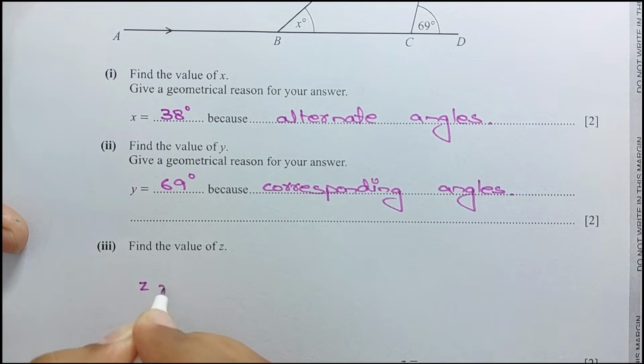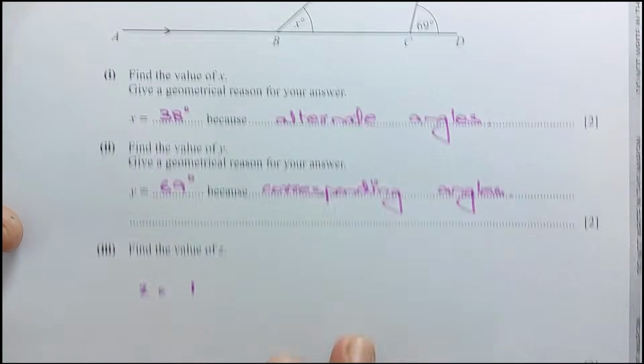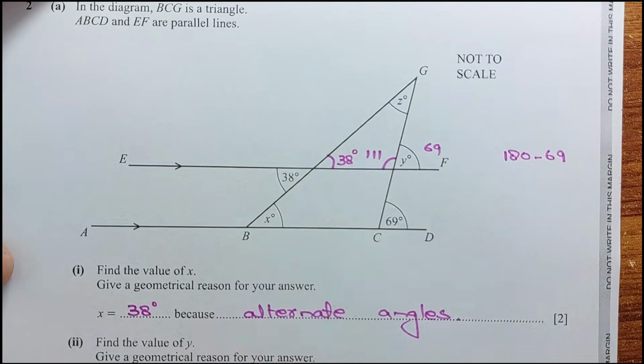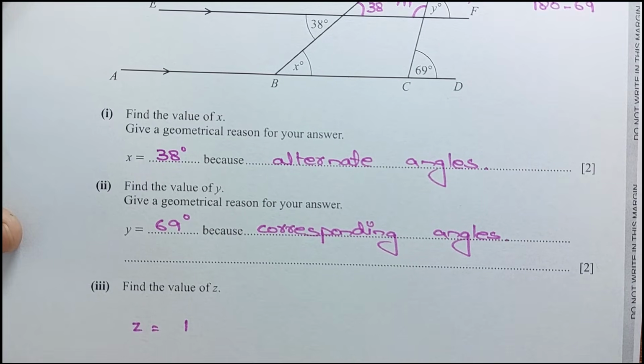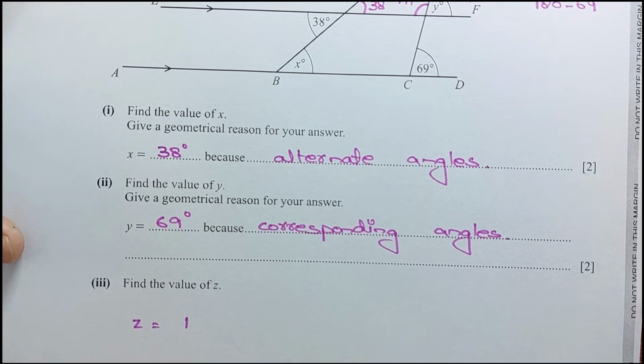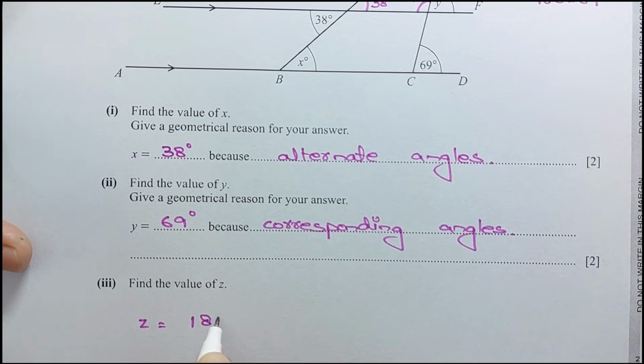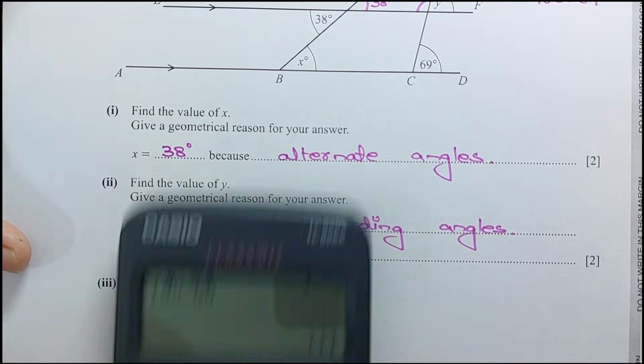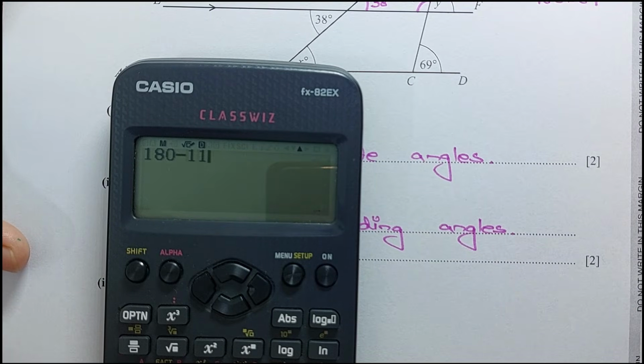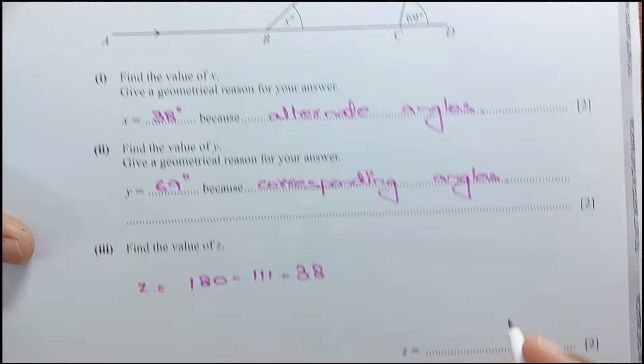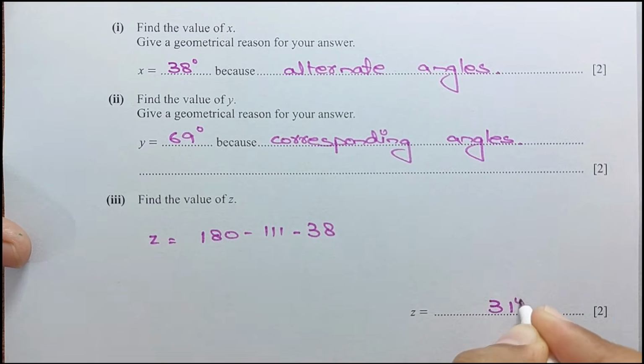Angle z, consider this as a triangle. Angles in a triangle add up to 180. So from 180, take away 111 and take away 38. 180 minus 111 minus 38, that angle is 31 degrees. So the angle z is 31 degrees.